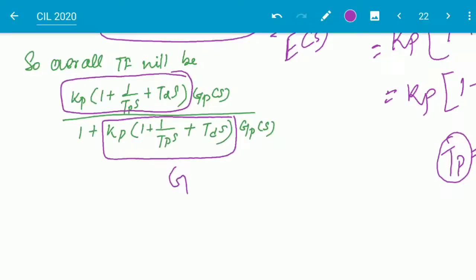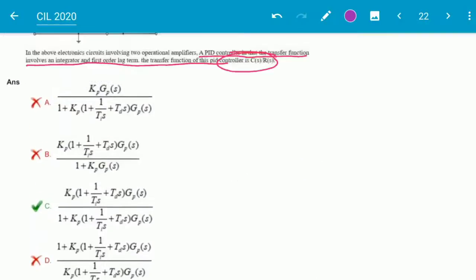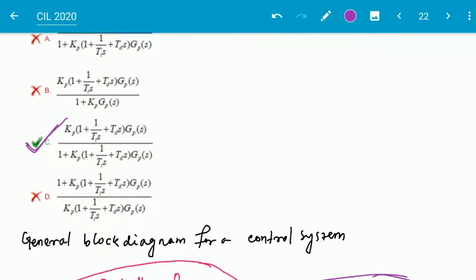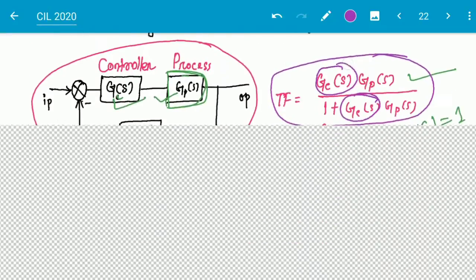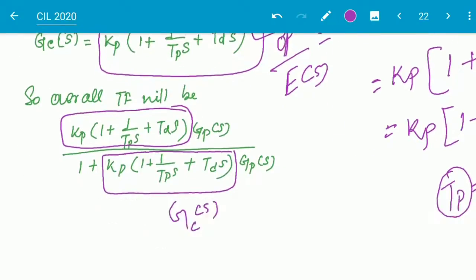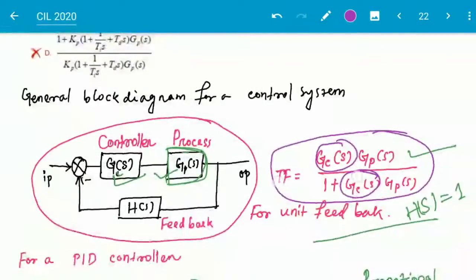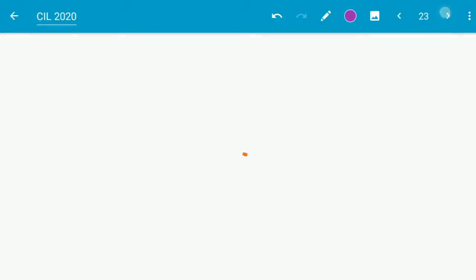This term is given here as option number C. Here Tp is given as Ti.